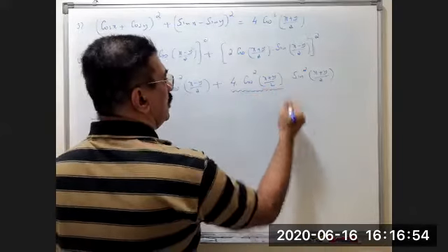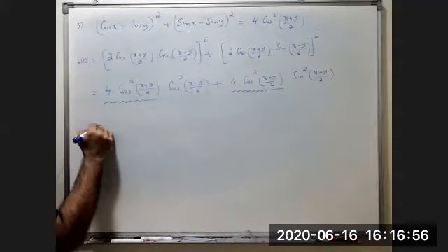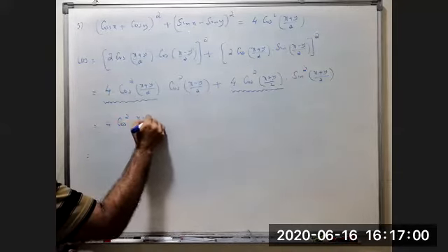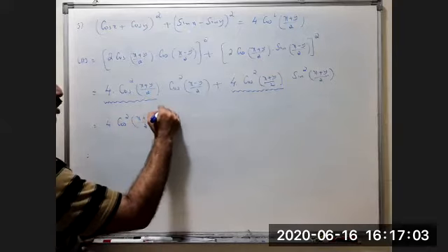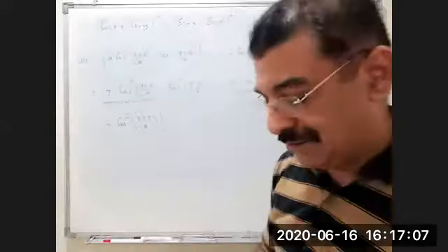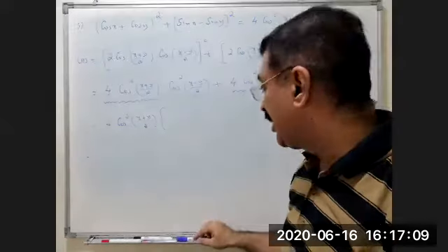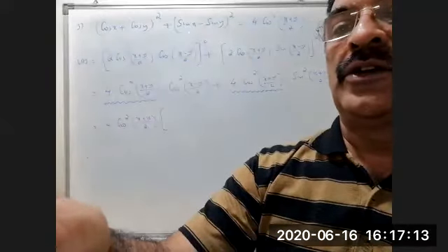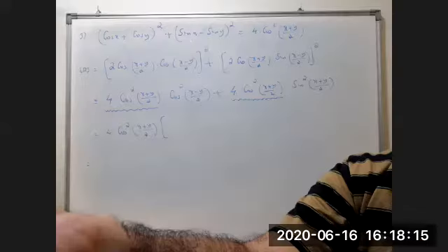That means we can take it as a common factor. 4 cos square x plus y by 2 is common. What is left out? Write it and check whether you get the answer. In the meantime, I will take attendance. Some of you got the answer.